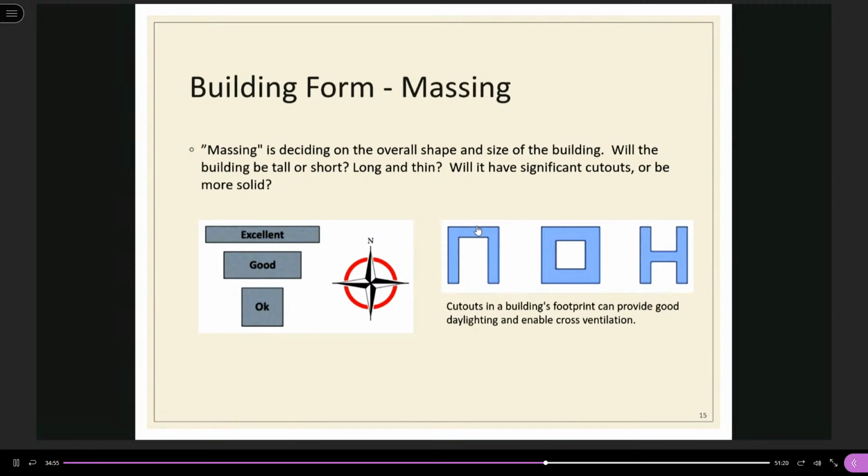Cutouts in the building footprint can provide daylight and enable cross ventilation.